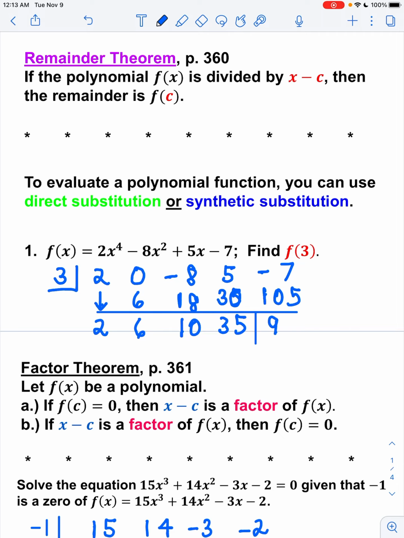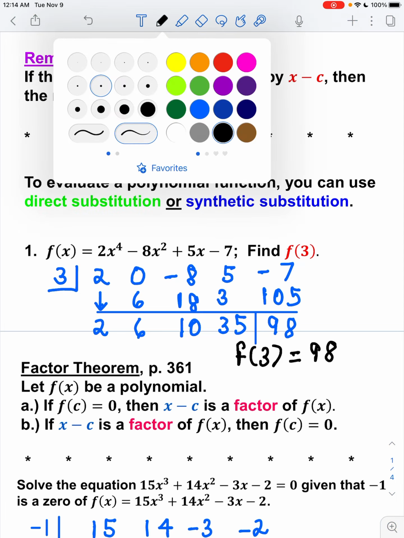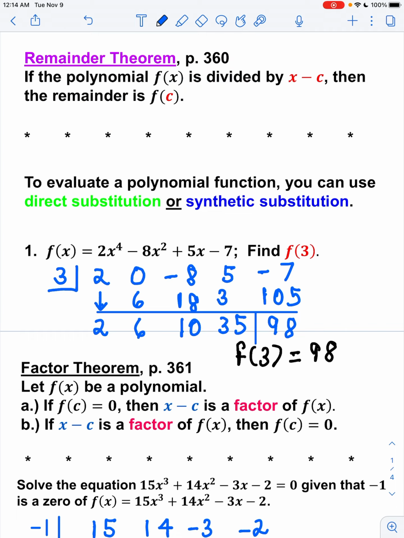And then I'll add, and again, I get the same answer. So the interpretation, of course, is that f of 3 equals the remainder 98. That is synthetic substitution. So I just wanted to show you that so that you understood, again, how that compares to direct substitution.